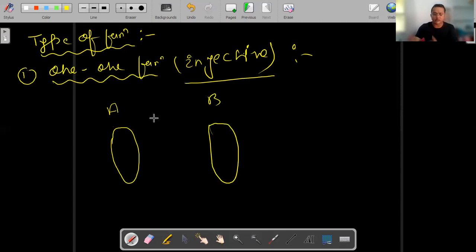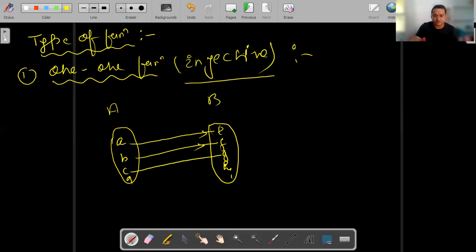Let me write A, B, C, and D. These are the elements of set A, and E, F, G, H, I. These are the elements of set B. It is saying injective means one mapping. A is mapped with E, B is mapped with F, C is mapped with G, then D is mapped with H. That's it. That is called a one-one function.